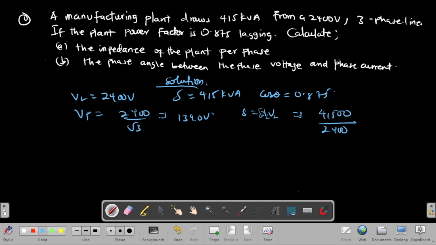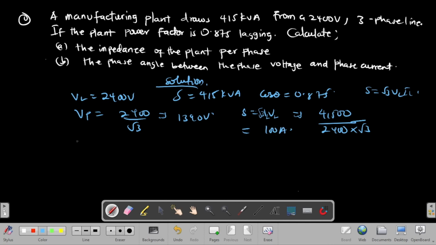So this is where we are using the actual formula. Root 3 times IL times VL. So when I make IL the subject, I get 415000 over 2400, which is our VL, times root 3. And that root 3 is from the formula S is equal to root 3 VL IL. Then at this point, what's our answer? Our answer is 100 amperes.